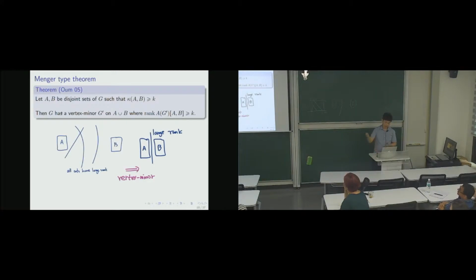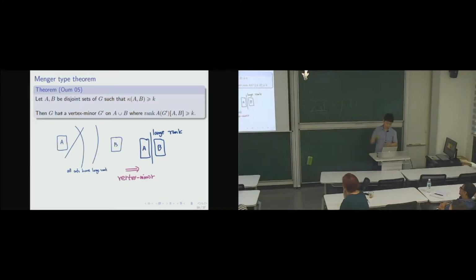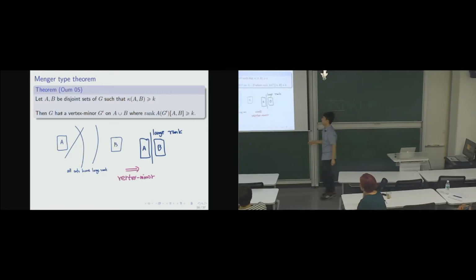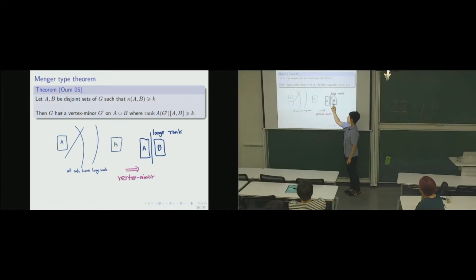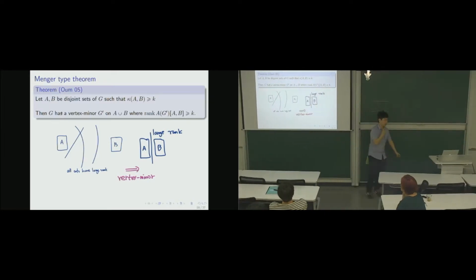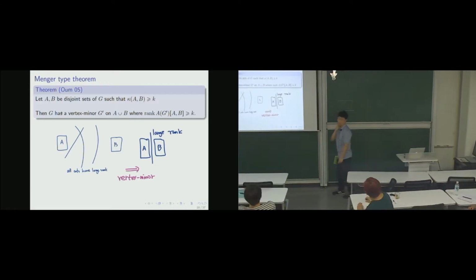Actually, in Sang-il's proof in the original paper on rank-width and vertex-minors, he showed that when you have two sets with large connectivity, then you can obtain a vertex-minor on A union B where the rank between them is large. Somehow it looks useful.